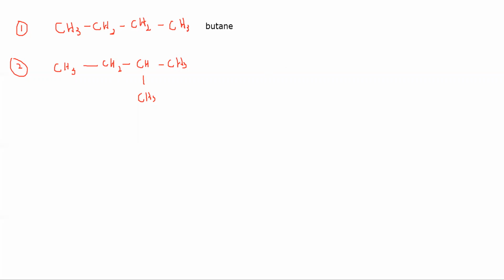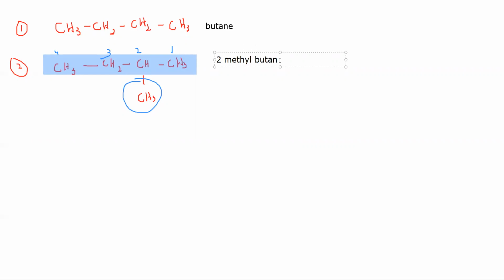This is a branched alkane. So for a branched alkane, we select the longest carbon chain and we count the carbon atoms from the nearest branch. So 1, 2, 3, 4. Second position we have a branch. If a one-carbon branch is there, it's methyl. So it is 2-methyl butane, because it's a branch, so it's methyl, and 4 carbons, so it is butane.